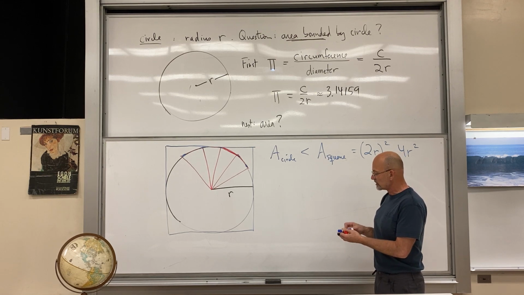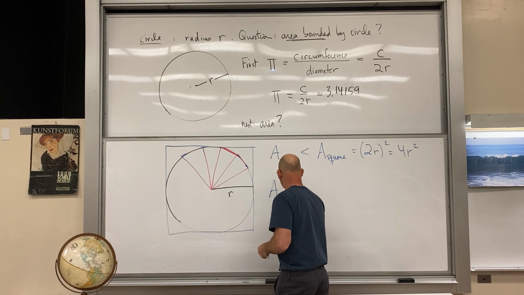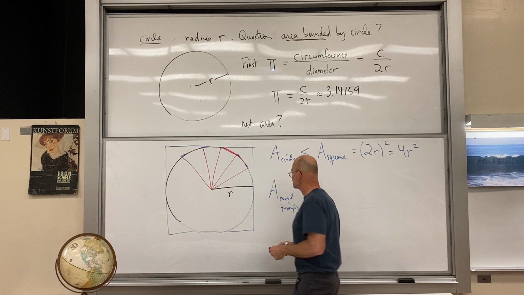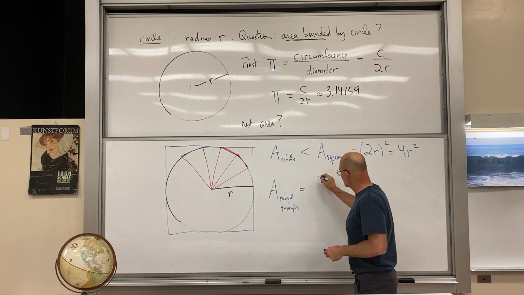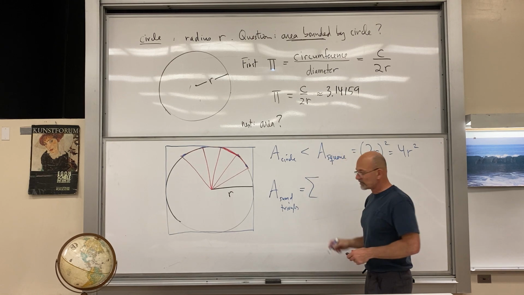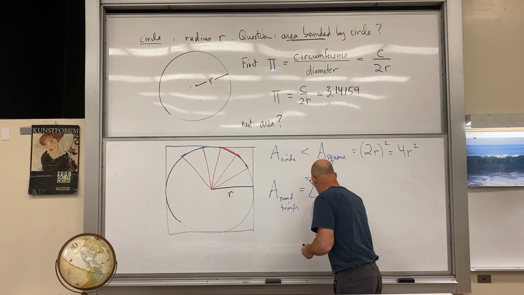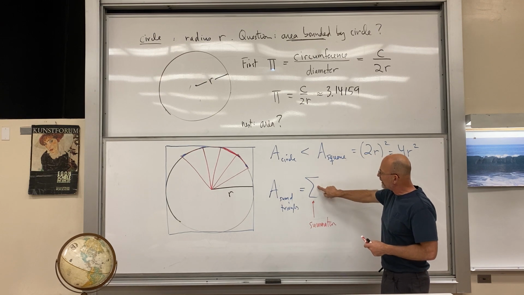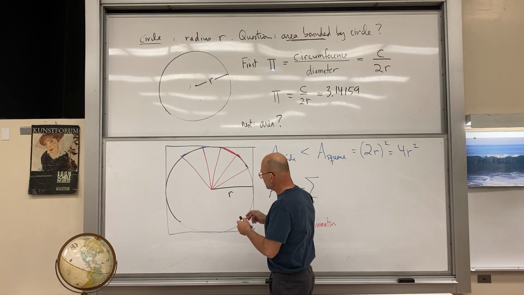So let's call this one here area of the sum of triangles is equal to, and now this Greek letter sigma, one of the ones you guys printed out, that means sum of, summation. So that means all of, it's the summation of all of these triangles, and all of these triangles are interesting.